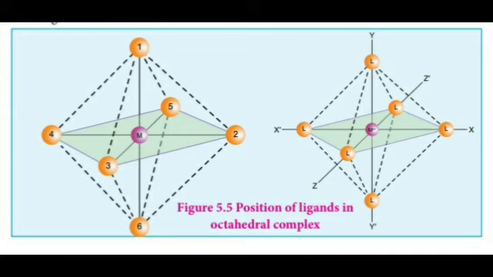Above the plane, position number 1 is present, and below the plane, number 6 is present. In the corners of the square, positions 2, 3, 4 and 5 are present, in the corners of the octahedron. Opposite to the first position is 6. Opposite to the second position is 4. Opposite to the third position is 5.